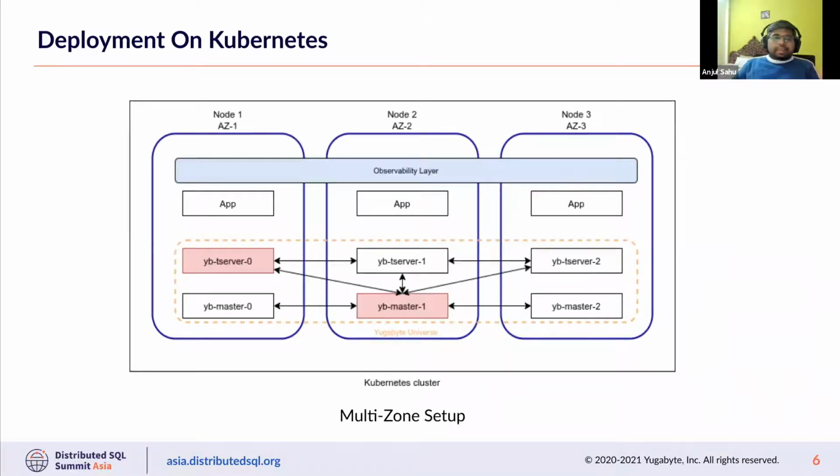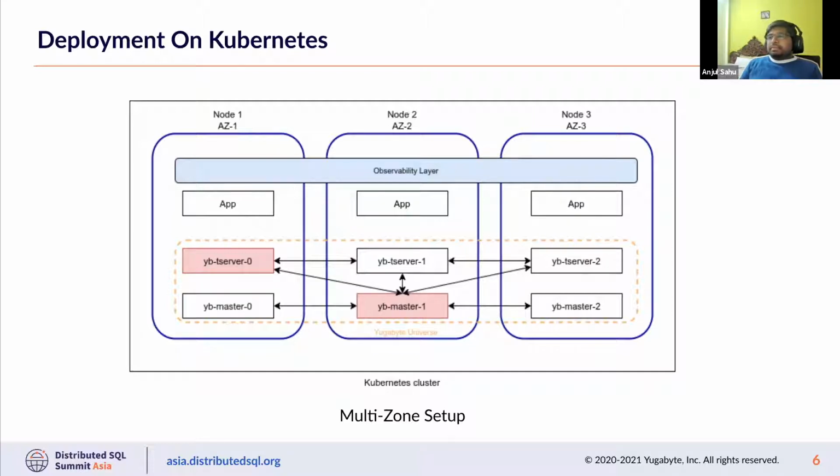Next is how do you deploy on Kubernetes. There are various ways to deploy Yugabyte database. It can be deployed across multiple zones within the cloud environment, or into multiple data centers if you are on premise.